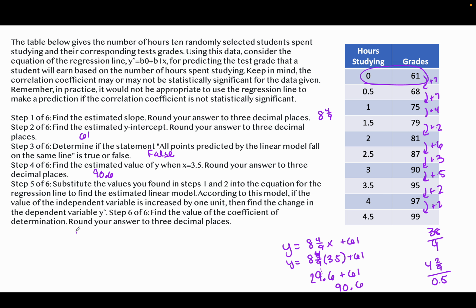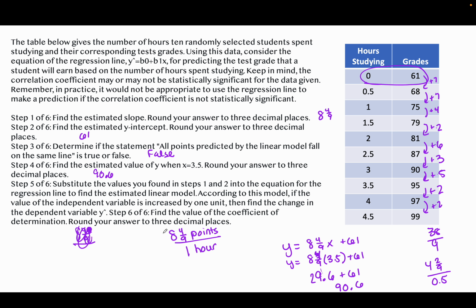So it would be 8 4/9 points for every 1 hour. Okay, so that would be your change in y over your change in x. So for every hour that you are studying, your grade is going to increase by 8 4/9 of a point.